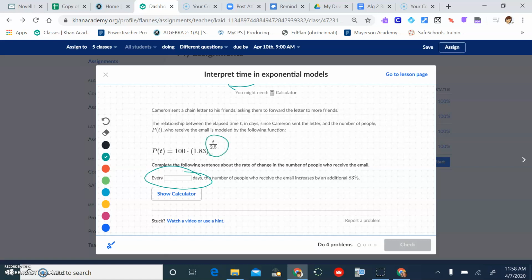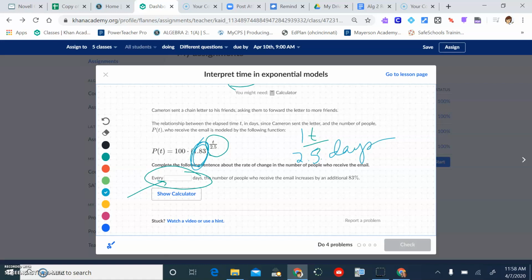The way this formula works is if you've got your exponent up there and it's being divided by something, anything, that tells you the amount of time that's going by. Another way to think about it is that whatever this changes, it's going to happen one time for every 2.5 days.